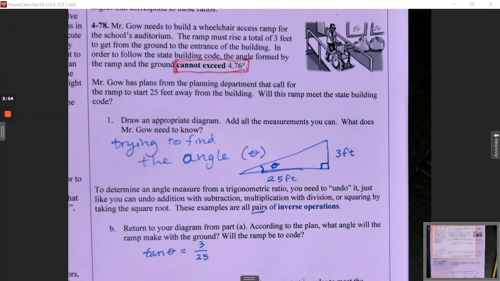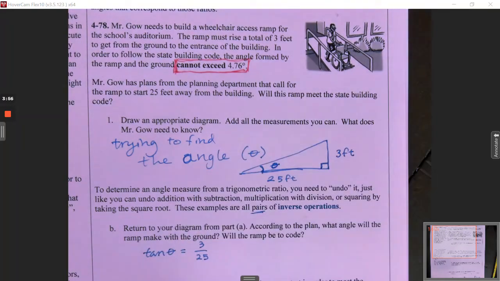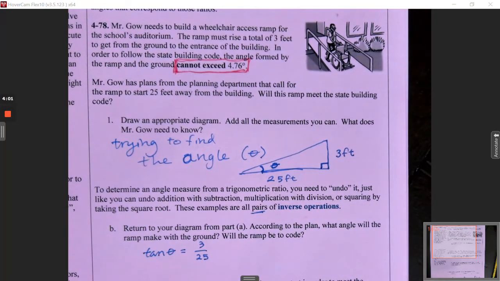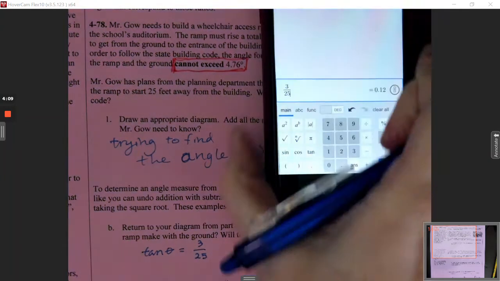Oh, that's not bad. So it's a nice clean decimal, which is 0.12.